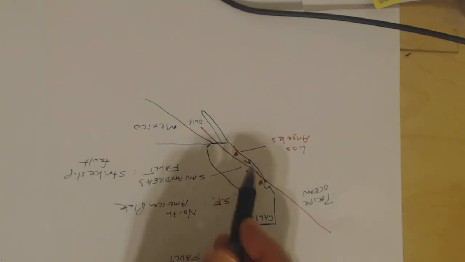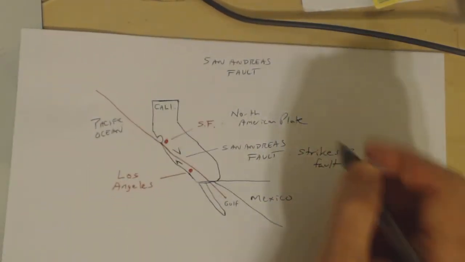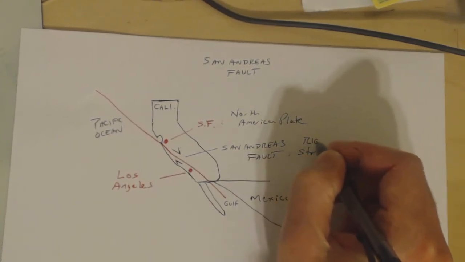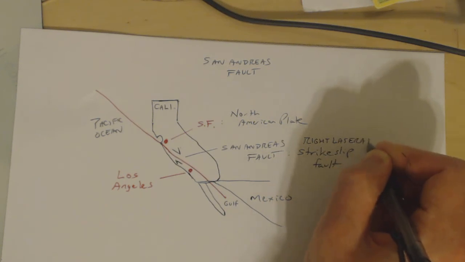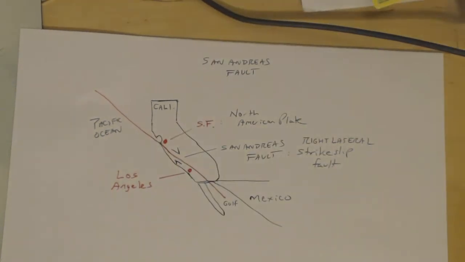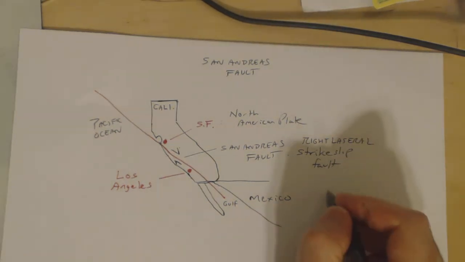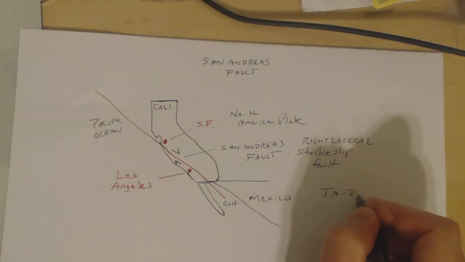Well, as you can see by the arrows, it's moving to the right. So this would be considered a right lateral strike-slip fault.